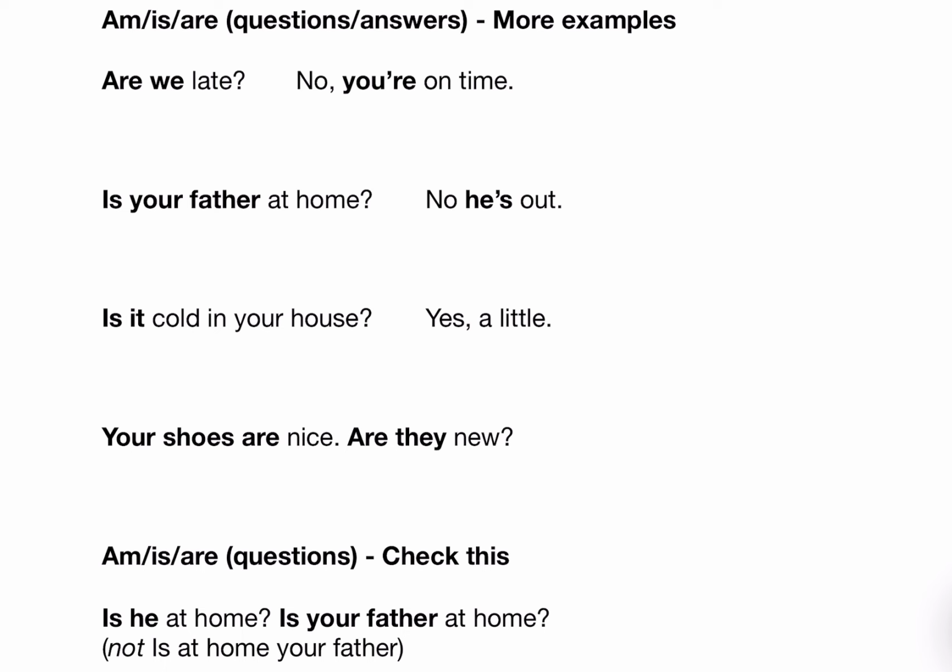So, are we late? No, you're on time. So, are we, because it's a question, we switch it around. Here, because it's not a question, we say you are.